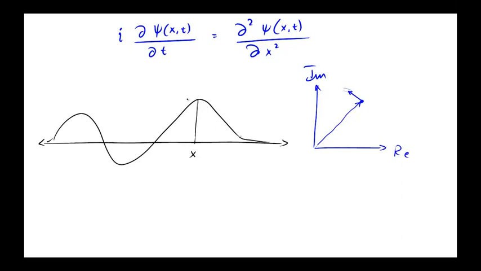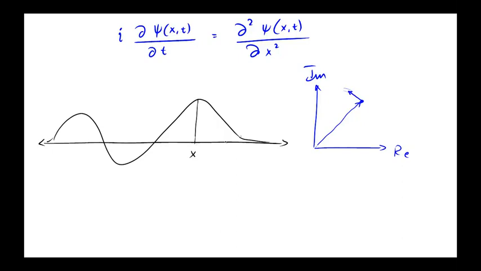And it changes its amplitude at a rate which is proportional to the difference between itself and the average of its neighbors. Another way of saying it is, it changes its amplitude at a rate that depends upon the second derivative of the wave function with respect to x.